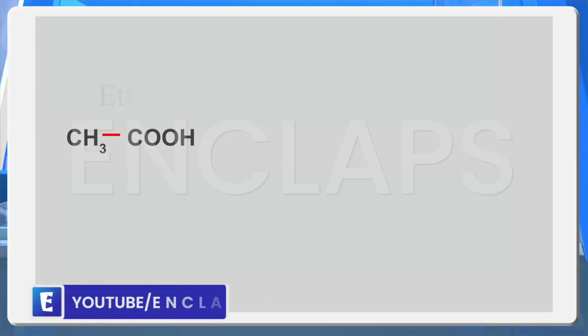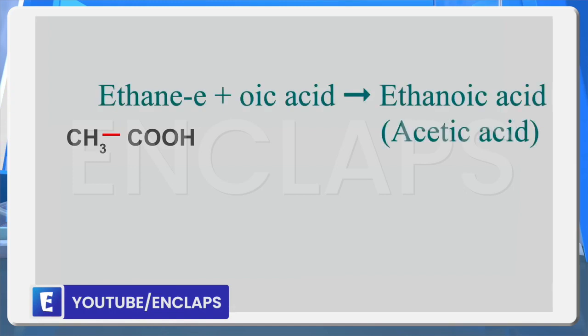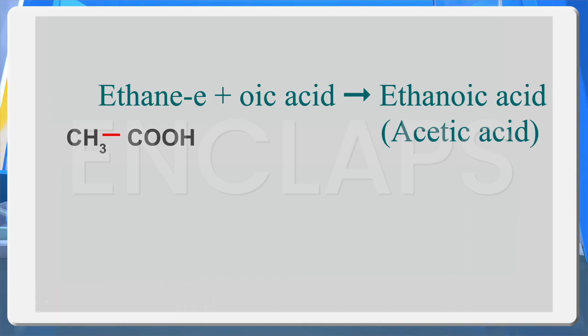What will we get? Ethanoic acid, right? So, the name of the carboxylic acid having 2 carbon atoms is ethanoic acid. The common name of ethanoic acid is acetic acid. You are familiar with acetic acid, right? It is the main component of vinegar.